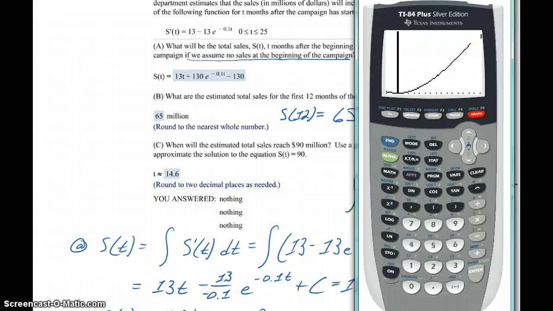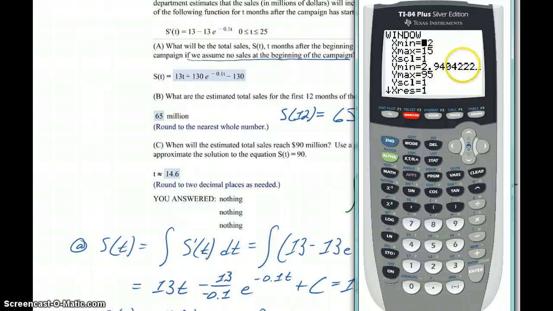We can go ahead and graph that function, and I've already set up the view of my window here to be x from negative 2 to 15, y from about 3 to 95.